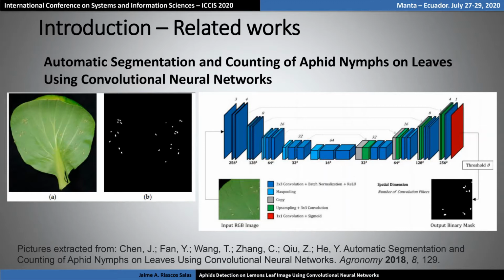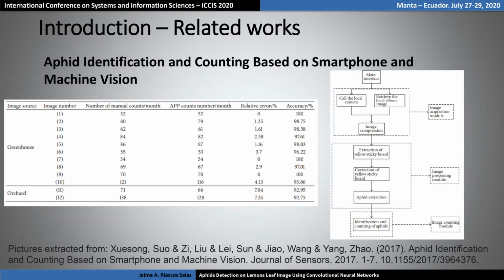They achieved a precision of 96% for automatic counting of aphids using CNNs. On the other hand, Xu Song and colleagues used a contour detection method for real-time enumeration of aphids through smartphones. They achieved a counting accuracy of 95% and 93% for greenhouse and outside scenarios, respectively.